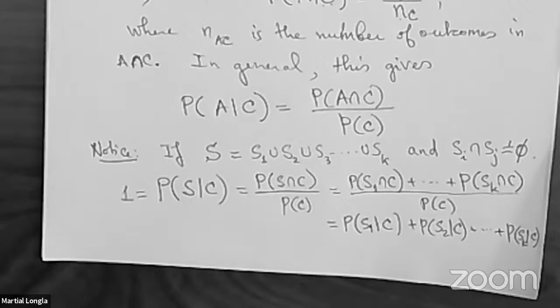So the conditional probability given C is actually also a probability function. All the rules that apply to the probabilities that we used last time will apply to the conditional probability given C because of this.